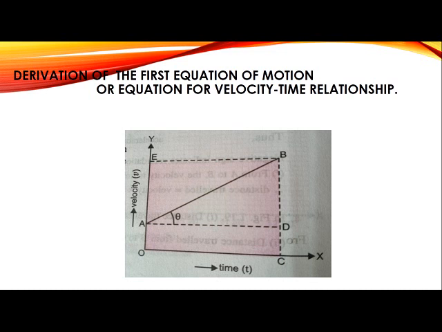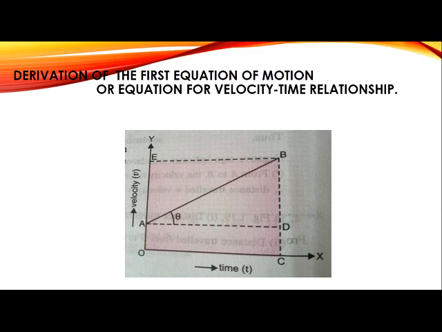So here, what is the initial velocity, children? OA refers to the initial velocity. What is the final velocity? CB refers to the final velocity. So how much has the velocity increased? Final velocity minus the initial velocity, right? BD is actually the velocity that has increased. But how do we find it numerically?